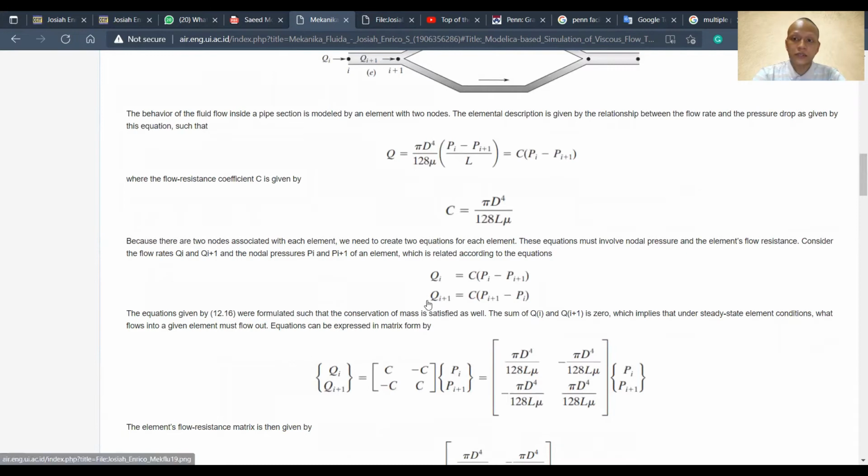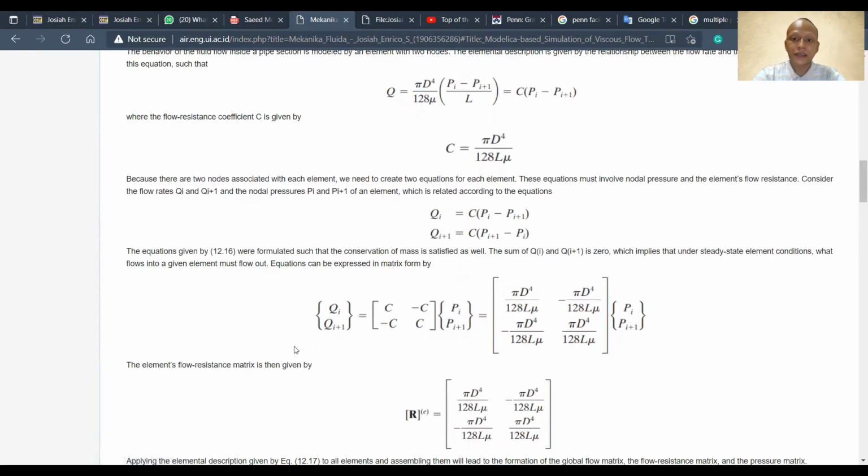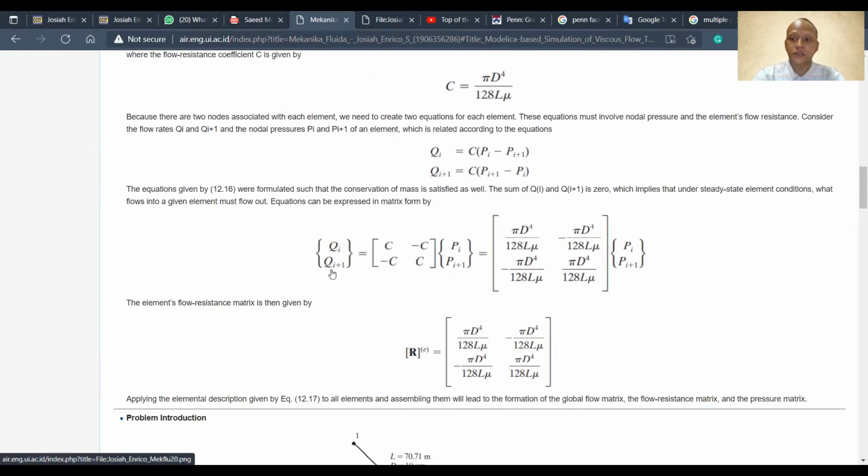We're going to use these three properties and make a matrix equation like this. This matrix will be called the flow resistance matrix, and it consists of 2 times 2 elements. So this is the second equation we are going to keep.